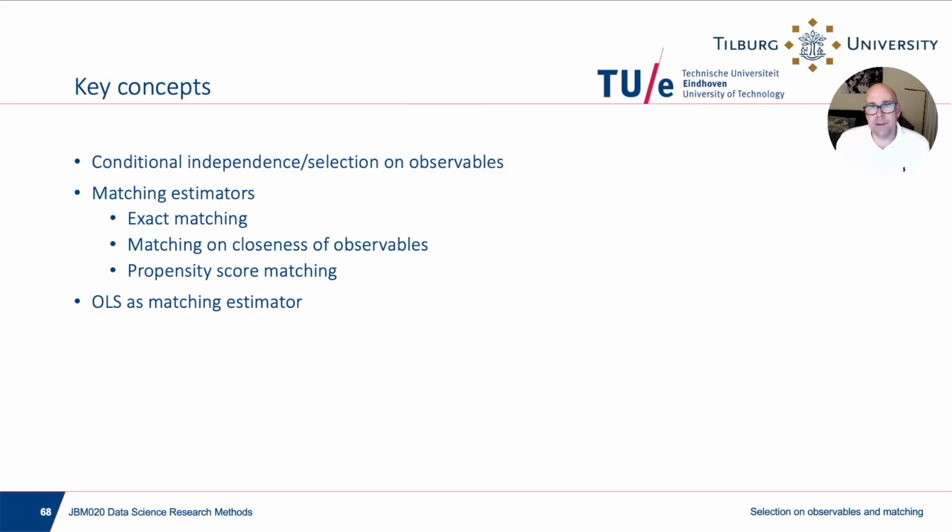Then we can use various estimators that in the end of the day all do the same thing. So you have say proper matching estimators, and here we have seen very briefly what exact matching means. We have seen what matching on closeness of observables means. We have seen what propensity score matching means, and why it might be a good idea to use that.